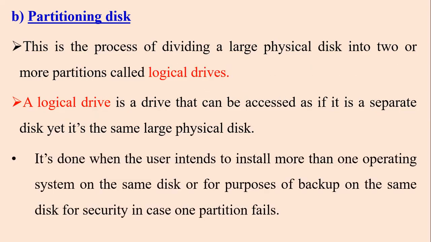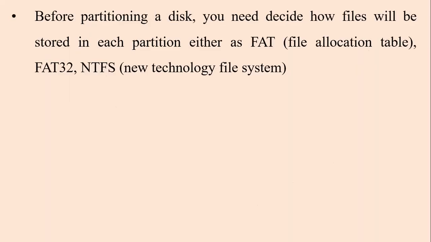It is done when the user intends to install more than one operating system on the same disk, or for purposes of backing up on the same disk for security in case one partition fails. Before partitioning a disk, you need to decide how the files will be stored in each partition, either as FAT, that is file allocation table, FAT32, or NTFS, amongst the others.